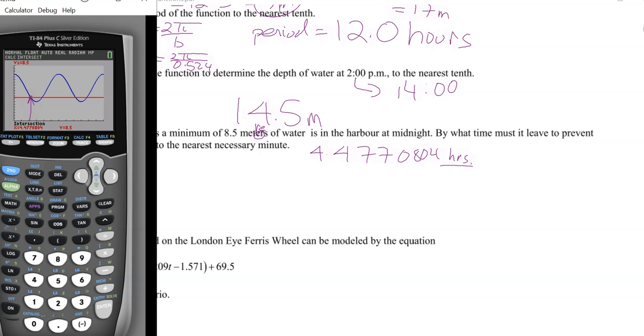But we want to know minutes. What time, right? If we're looking at a clock, we're not going to see 4.477 hours. So it's a little bit shy of 4.5, right? So 0.477 is pretty close to 0.5. So we know it's going to be sometime before 4:30 in the morning.